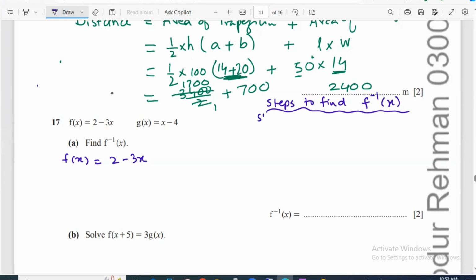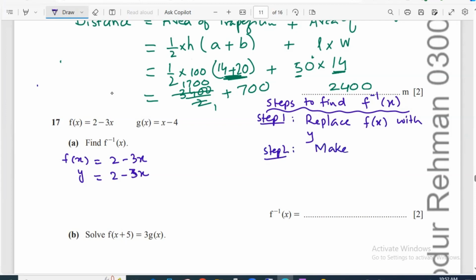Now step number 1: replace f of x with y. So y is equal to 2 minus 3x. Now step number 2: make x the subject.